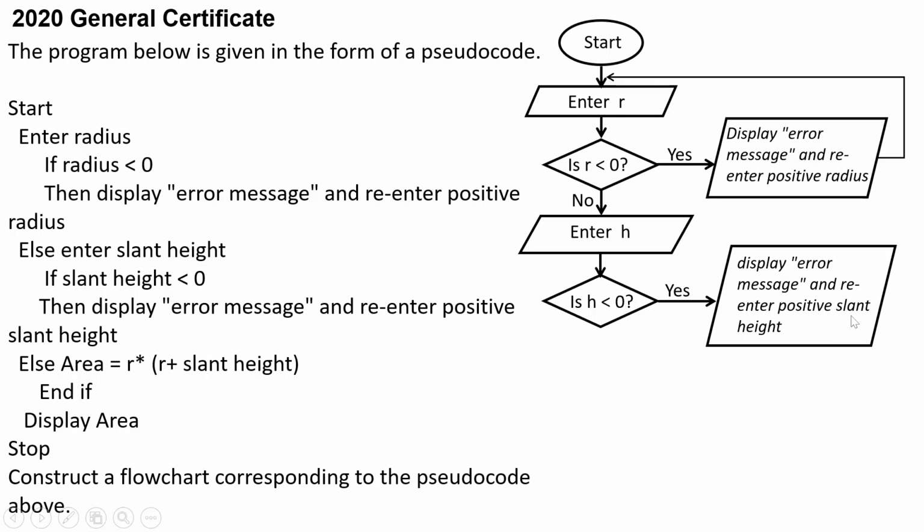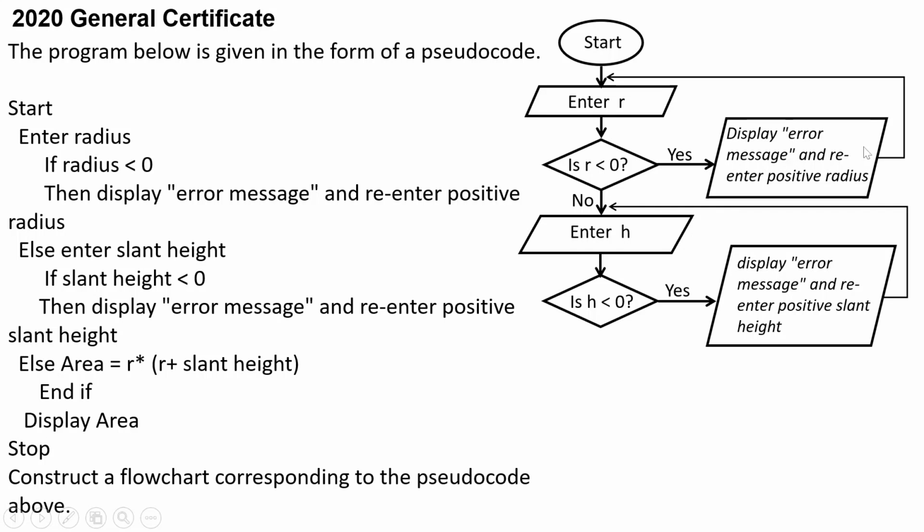So meaning re-enter again, you go back here where the first one was entered, meaning this process will go back here until you enter correctly. Some programs can just connect from here direct to here or here.